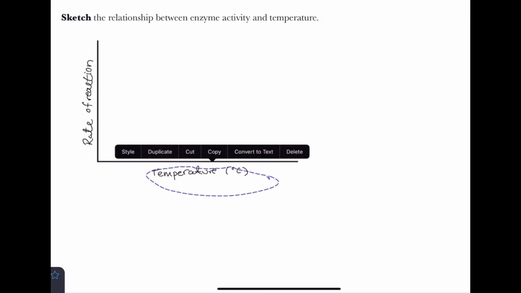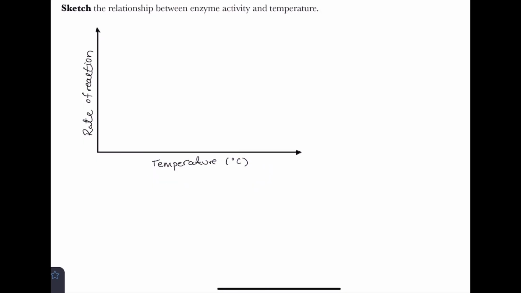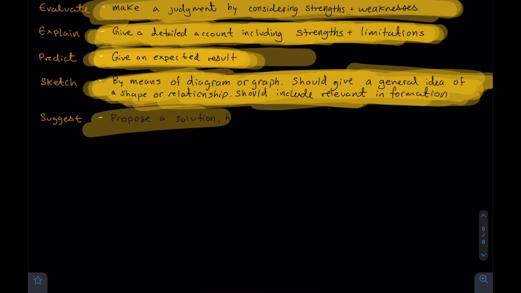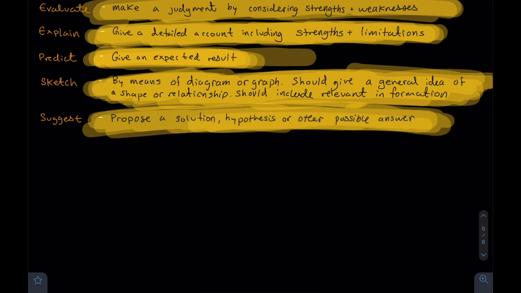It will show the rate of reaction, which is a correlate to enzyme activity, and temperature, and how those things change as the different variables change. Finally, we have suggest, which is when you propose some kind of solution, hypothesis, or other answer in response to a prompt.